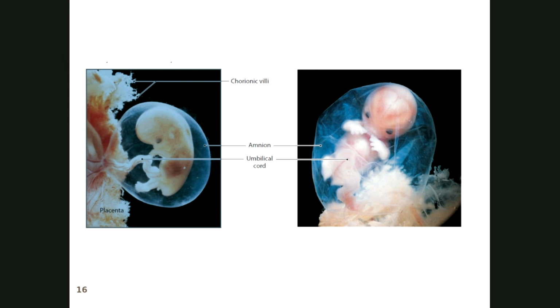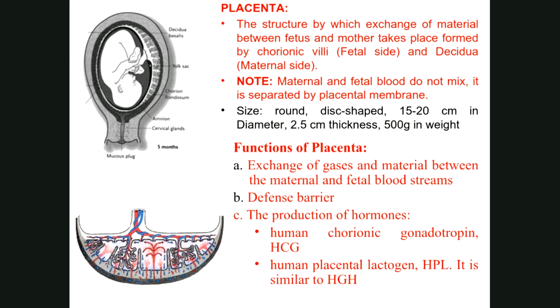Now we should just go through the different fetal membranes or supporting structures. The most important supporting structure is the placenta, because the developing baby or the fetus will need nutrition. What happens is the ovum is one large cell and the sperm is a cell meeting the ovum and forms a zygote.